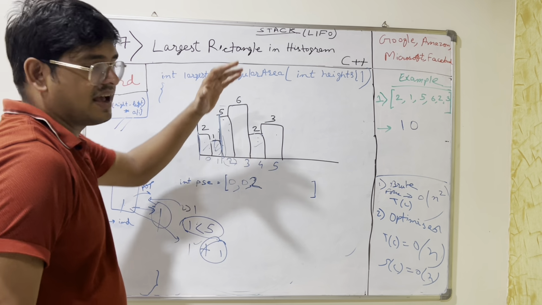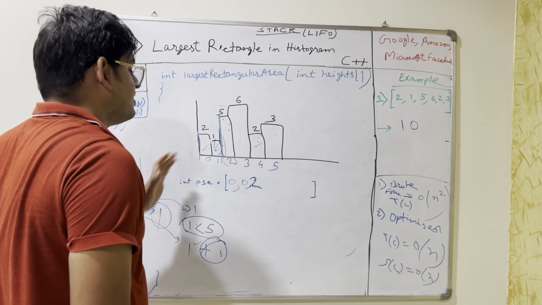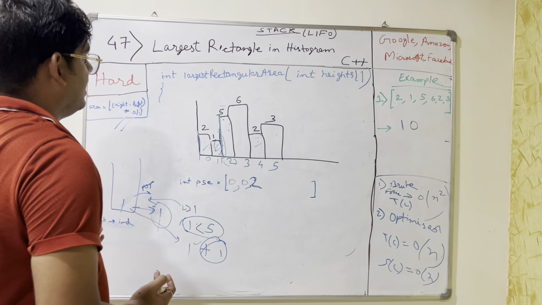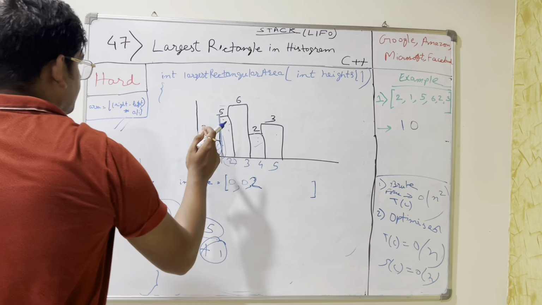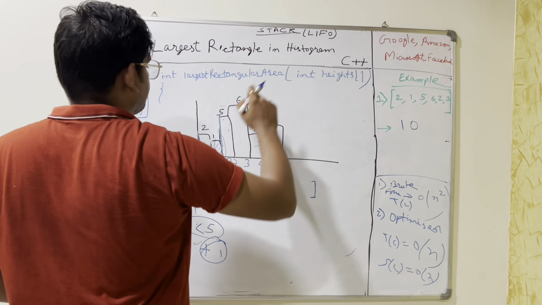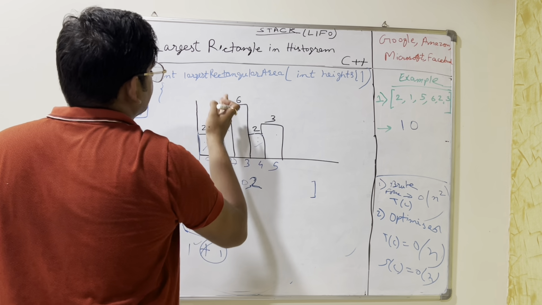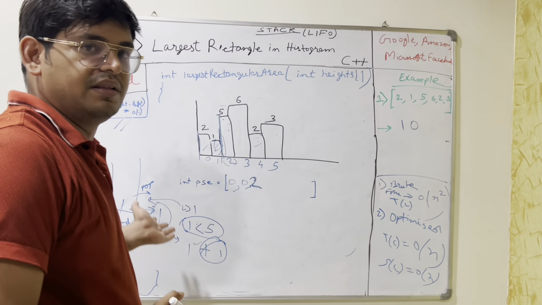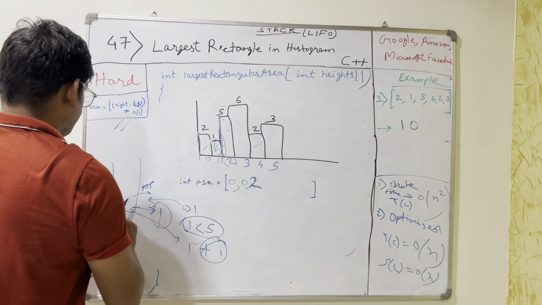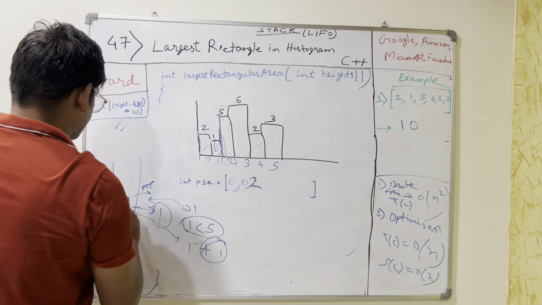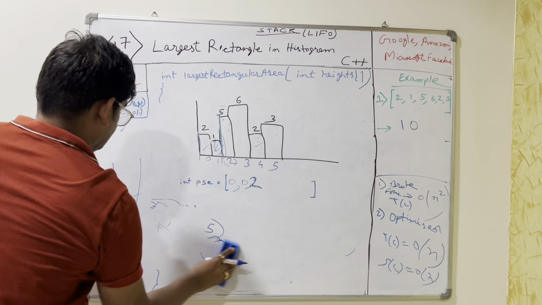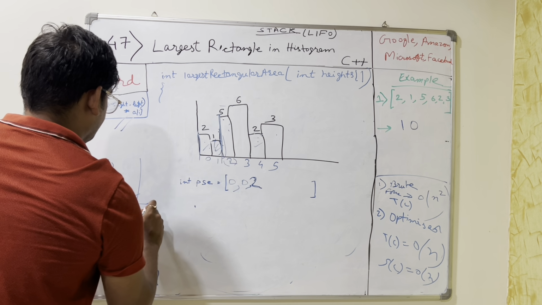If the next one is greater than this, then there is no point of checking that. We are interested in finding the smaller element, right? So 5 is greater than the previous, and the next number won't be smaller than this anyway. So we will pop this out and then we will store the index, that is 2, and the value would be 5.